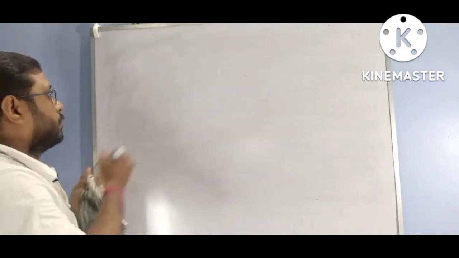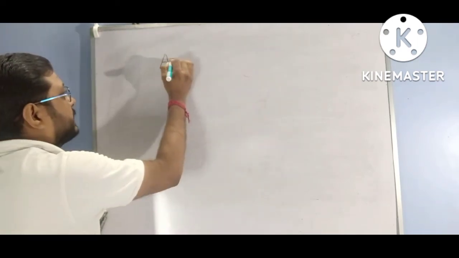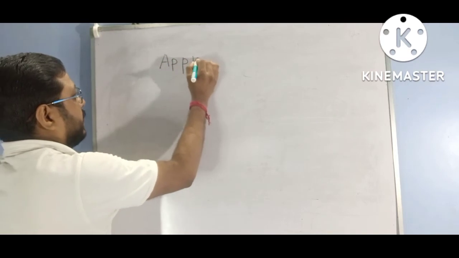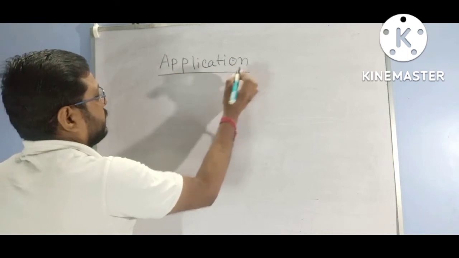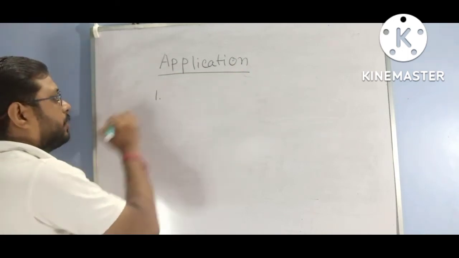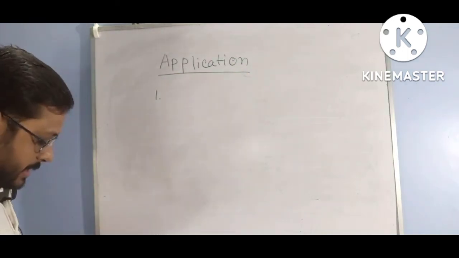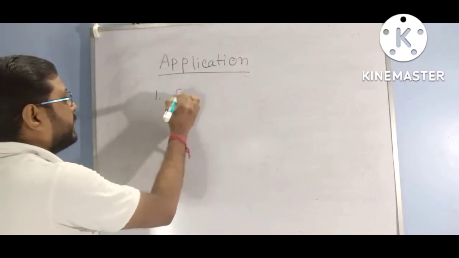Now we can go with applications of total internal reflection. The first application is the sparkling of diamond.